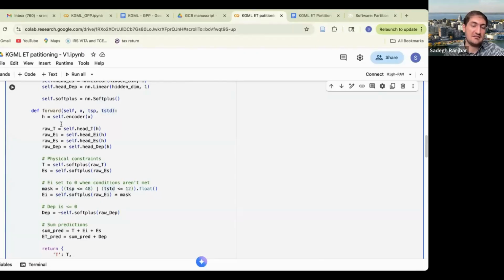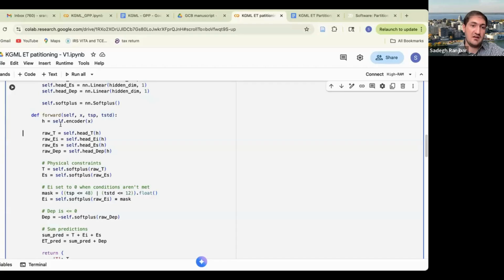Here you can see that we started with encoding our inputs. The features and the data that we give go to this encoder, which gives us the encoded information.